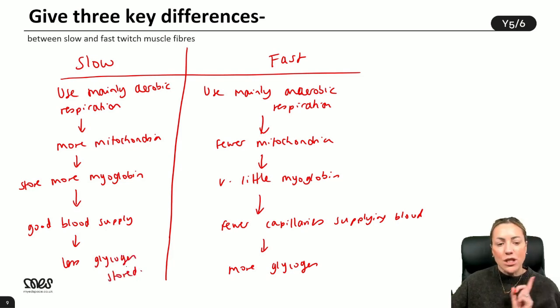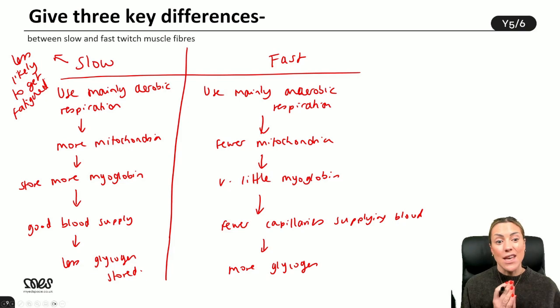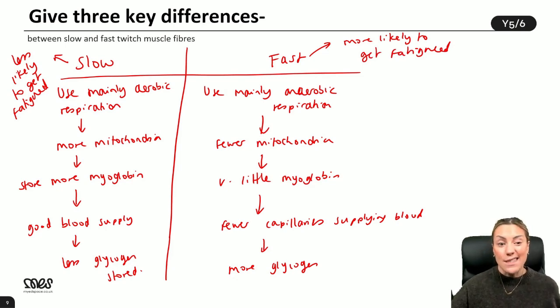Okay, so remember, slow, they're less likely to get fatigued because they're using aerobic respiration. They're used for things like posture and balance, whereas fast are more likely to get fatigued because they're doing more anaerobic respiration, which produces lactic acid, and it also releases less ATP or less energy.